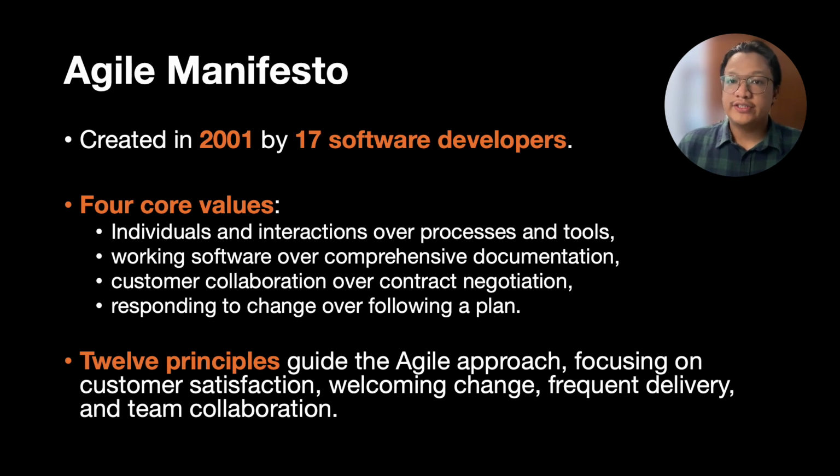And it also states 12 principles that guide the agile approach, focusing on customer satisfaction, welcoming change, frequent delivery, and team collaboration. All of the values and principles you can find out more in the Agile Manifesto. It's available online.